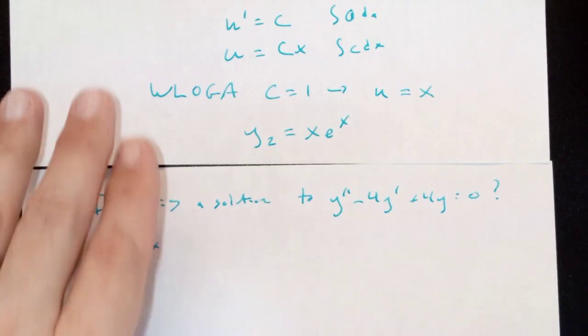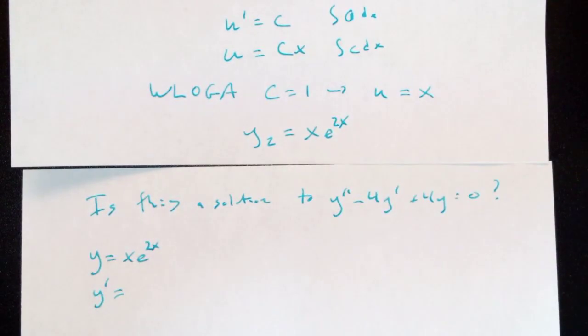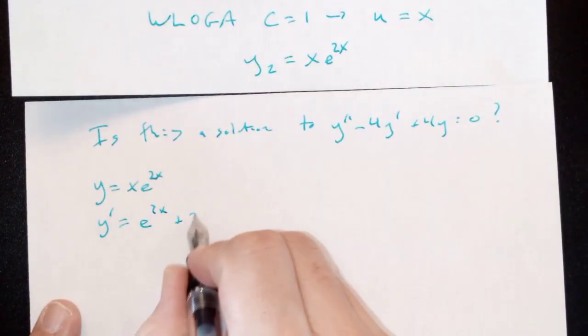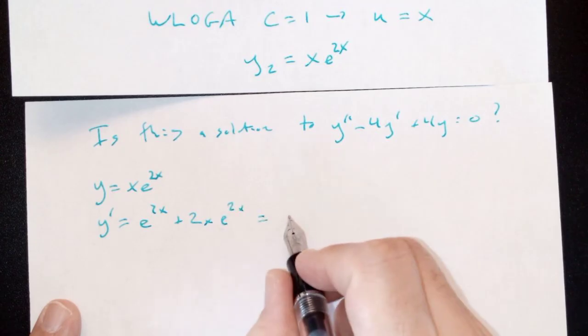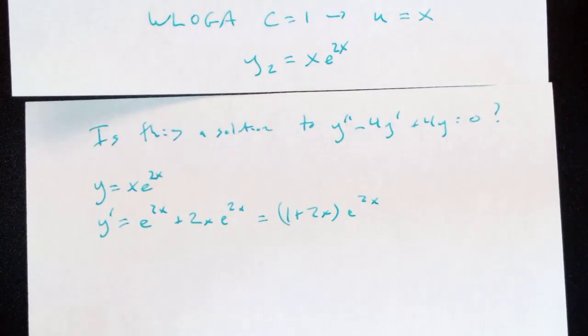Yeah, I forgot the 2. There's a 2 up there. Can't forget the 2. It was in the original problem. Can't lose it. E to the 2x plus 2x. And this time I will simplify it by factoring out the e to the 2x.